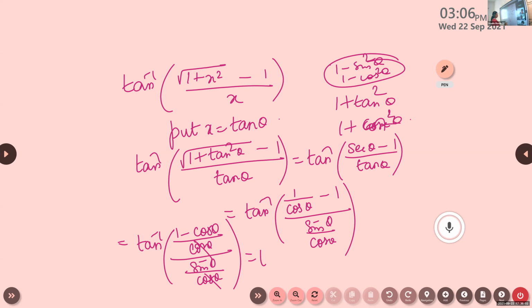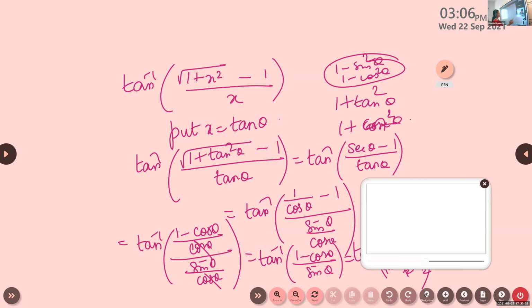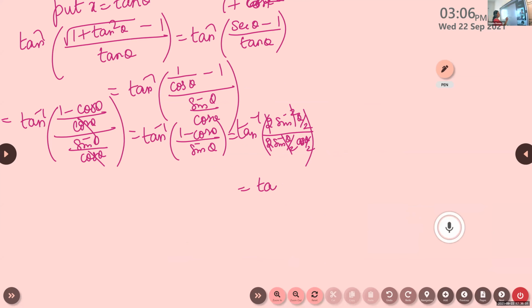So we get tan inverse of 1 minus cos theta by sin theta. 1 minus cos theta is 2 sin square theta by 2, and sin theta is 2 sin theta by 2 cos theta by 2. The 2 gets cancelled, one sin gets cancelled, so sin by cos is tan. We get tan inverse of tan theta by 2, so the answer is theta by 2.